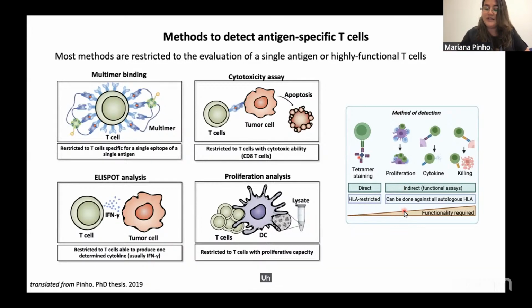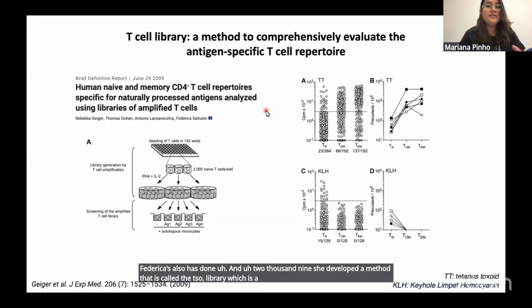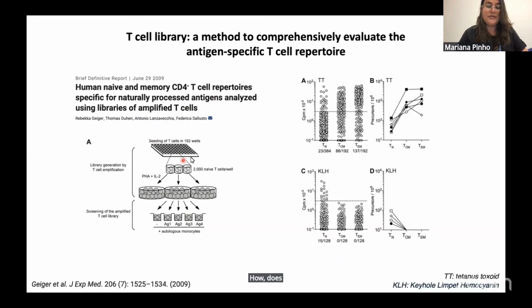And that was exactly what Federica Sallusto did in 2009. She developed a method called the T cell library, which is a method to comprehensively evaluate the antigen-specific T cell repertoire. How does she do it? She takes the T cells, and these T cells can be pre-sorted.